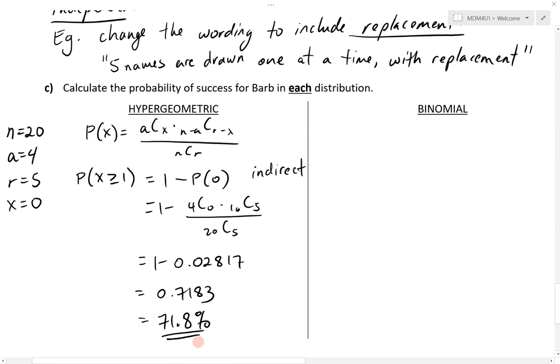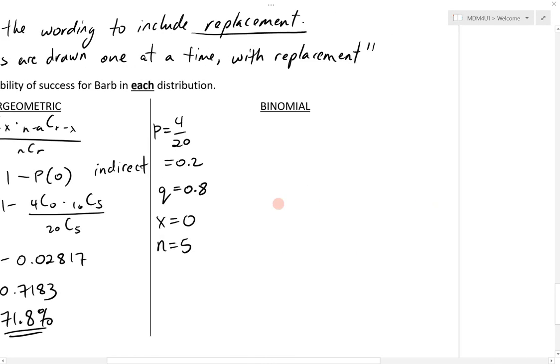Binomial. What if we did this in the binomial way? So the probability of drawing a friend's name is 4 out of 20 names, which is 20%, 0.2. The probability of failure would then be 0.8. Subtract that from 1, right? And x is going to be 0, because we're going to do the indirect method here as well. And the number of trials is 5, because we are drawing 5 names out of a hat.